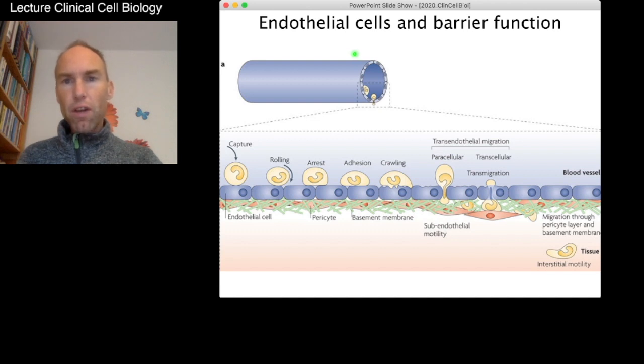Now here we have a blood vessel, and the inside of the blood vessel is lined with specific cells, which are endothelial cells, which you see over here. They play an important role as a barrier between the blood and the surrounding tissue. Even though it's a stable barrier, white blood cells can still permeate it, which is interesting by itself, and it will also be dealt with by Jaap in his lecture.